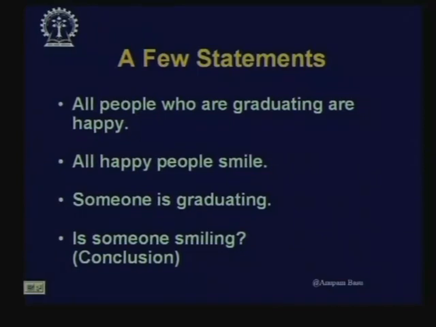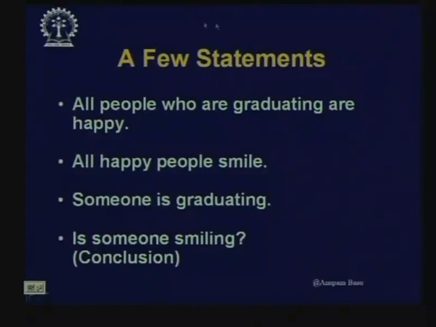Therefore, I can reason and say all people who are graduating are smiling, and then someone is graduating. That means there is at least one person who is graduating, and anybody who is graduating is smiling. So, is someone smiling? It should be yes, that is, someone is smiling should be proved from common sense. However, a computer will not apply common sense in that way. It needs a mechanical procedure by which the same reasoning can be carried out.